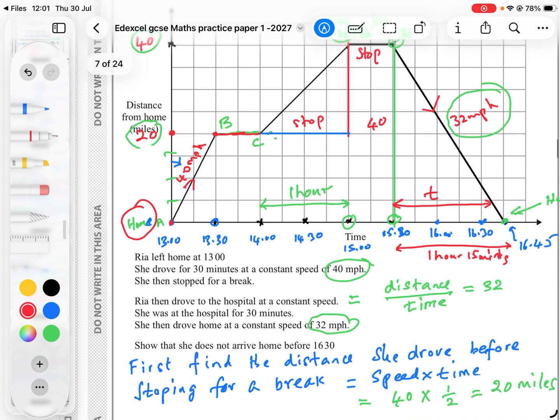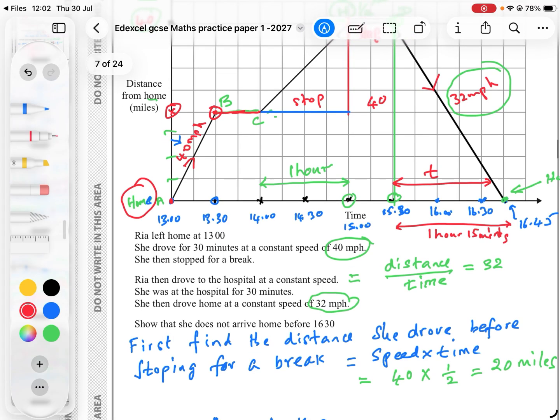Here, stop for a break at B, we need to find this distance, this one. They didn't give you this one. So we need to work out this one. So how do you work out?